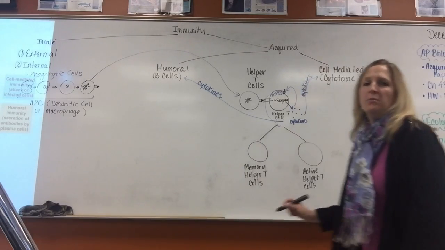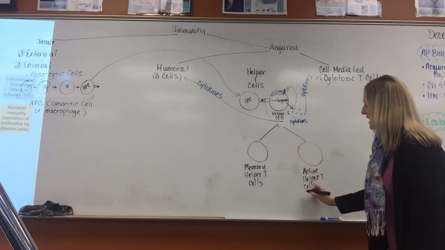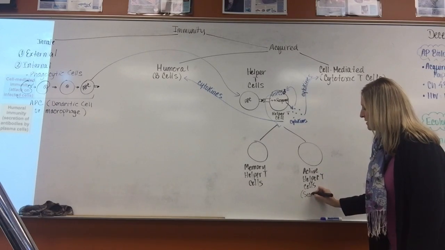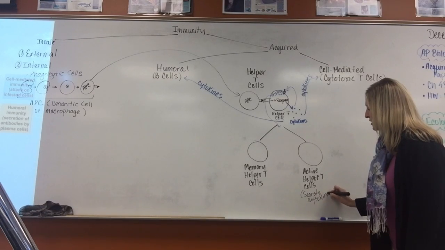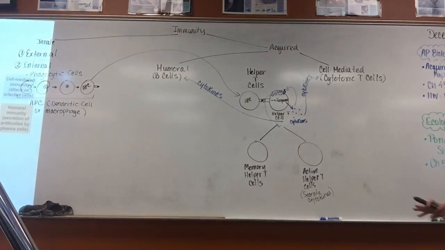What are active helper T cells going to do? These guys are going to be just like this cell. They're going to secrete cytokines. And the cytokines are going to stimulate more B cells and more cytotoxic T cells.